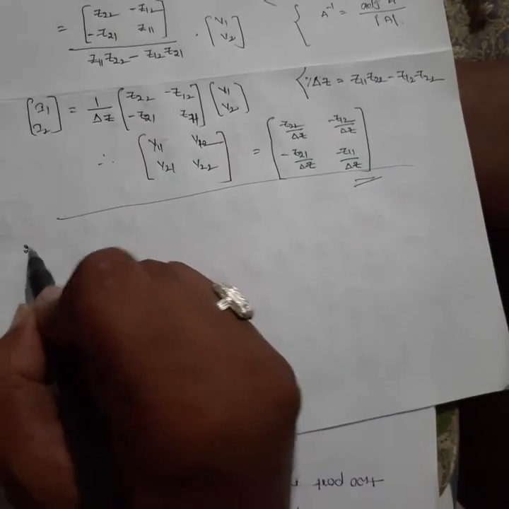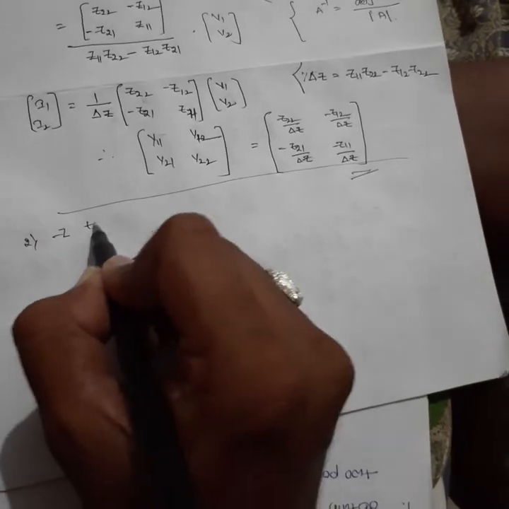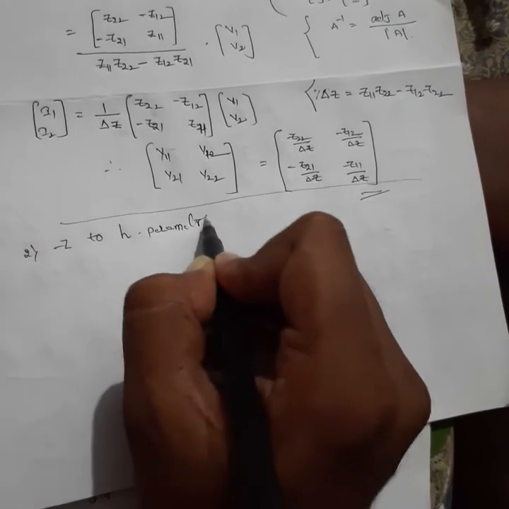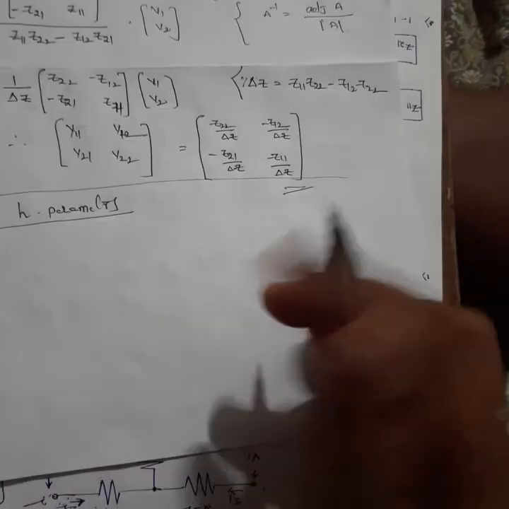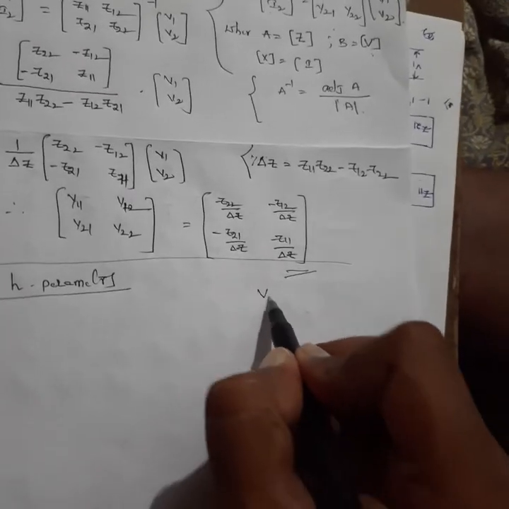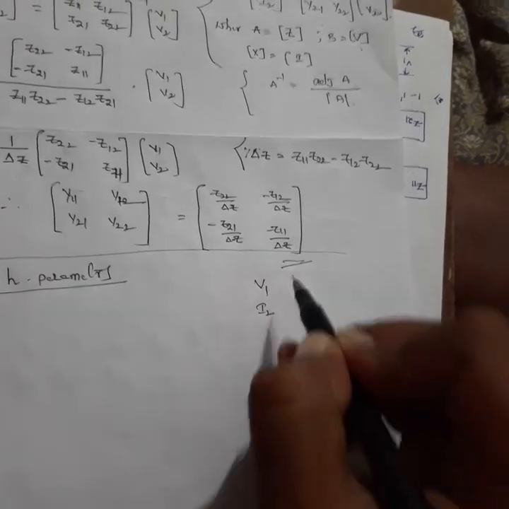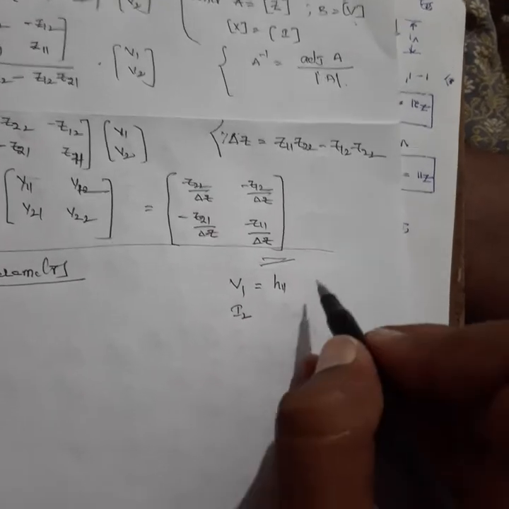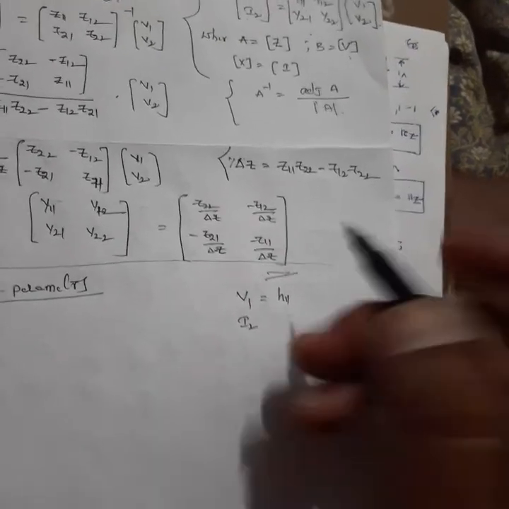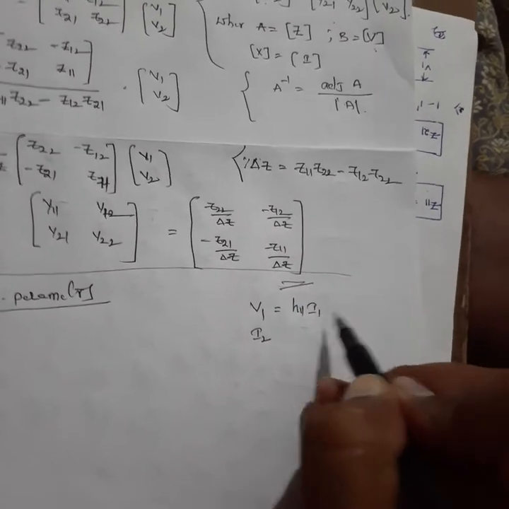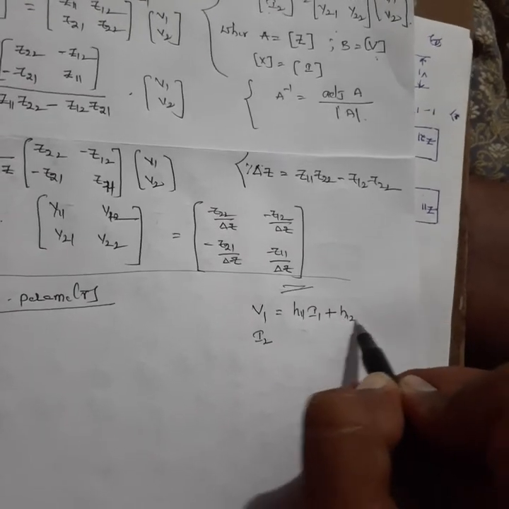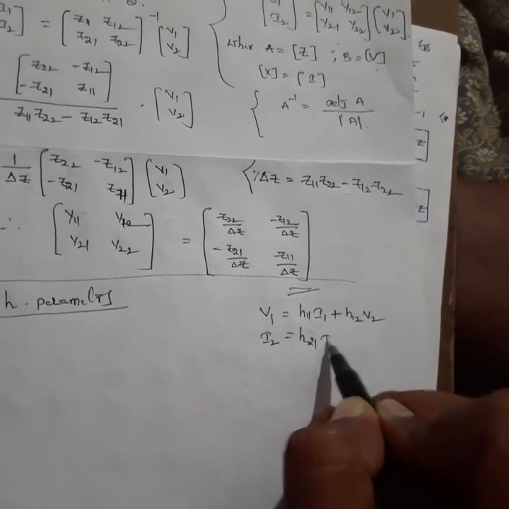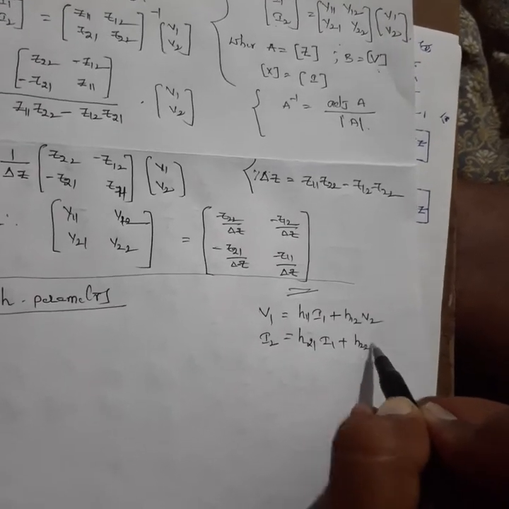The second one is Z to H parameters. Initially, you can write the hybrid parameters: V1 equals h11 i1 plus h12 v2, and i2 equals h21 i1 plus h22 v2.